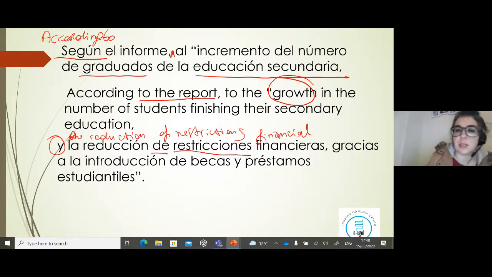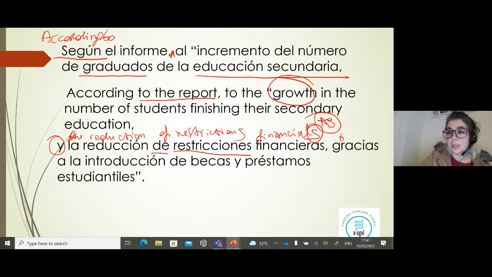Translating every single word, you can make sure that you're not leaving anything out before you actually put it all together nicely in English in a way that makes sense, because you wouldn't say in English "the reduction of the restrictions financials." You wouldn't say that. So make sure as well here you got your agreements. Pay attention to that.